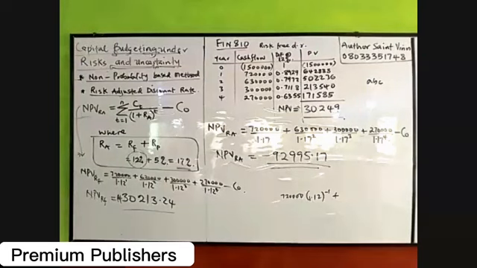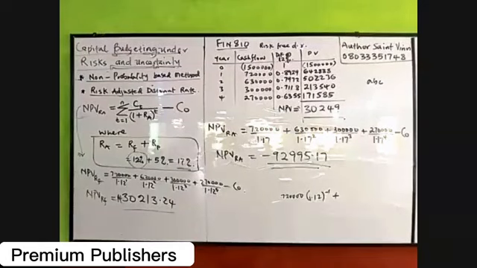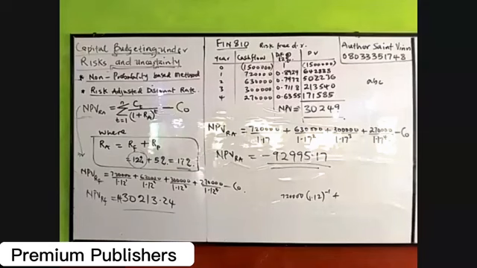So you press 720,000, divide by 1.17. Okay.